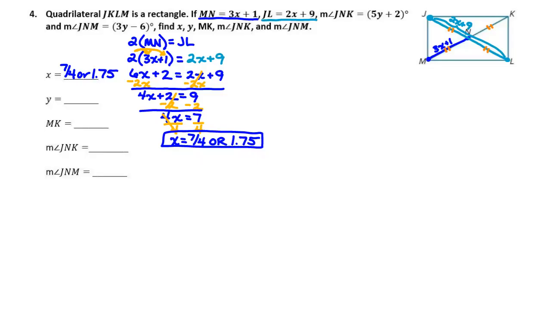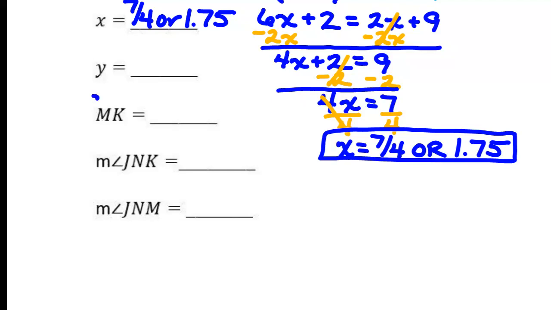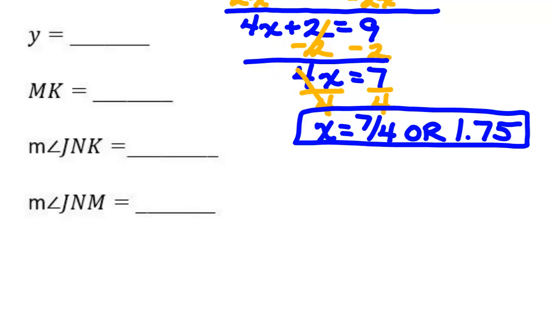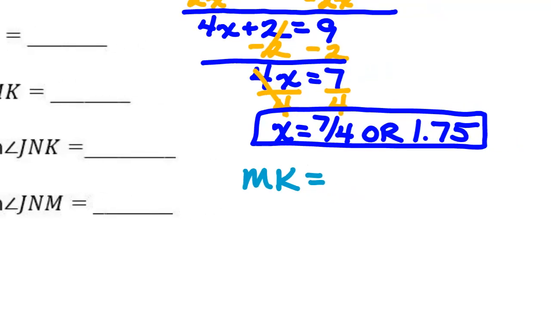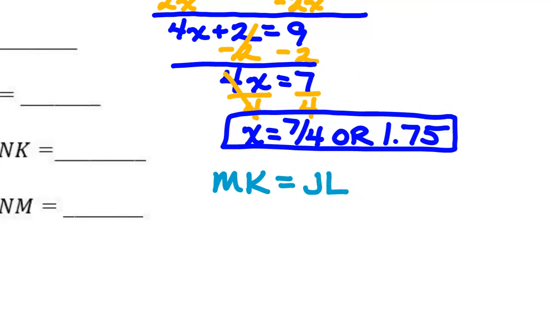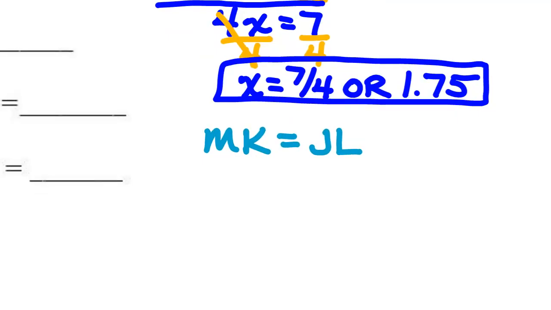Now that we know that, is there anything else down here that we can find using our value for x? Which one can we find? MK. We know that MK is equal to what? JL. MK and JL are the same size.